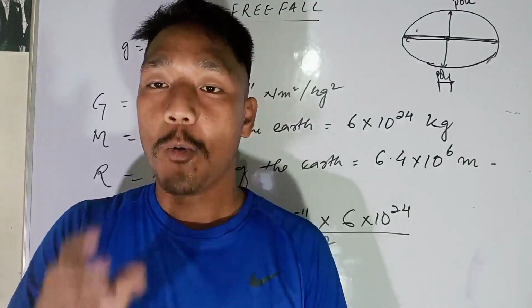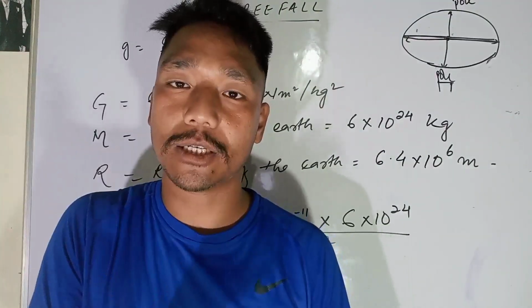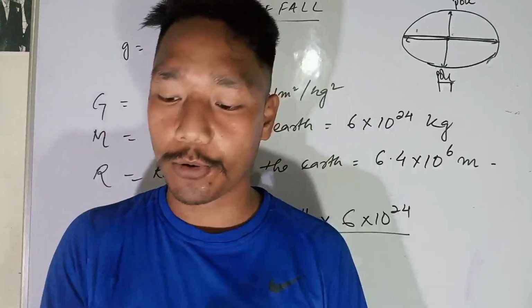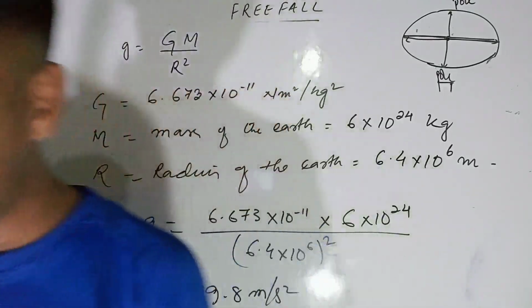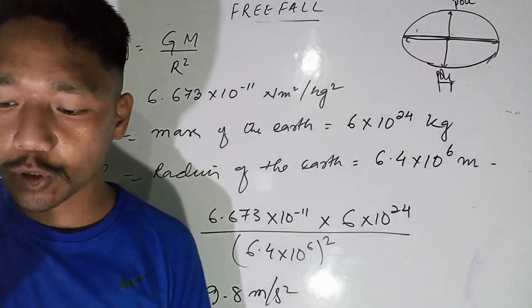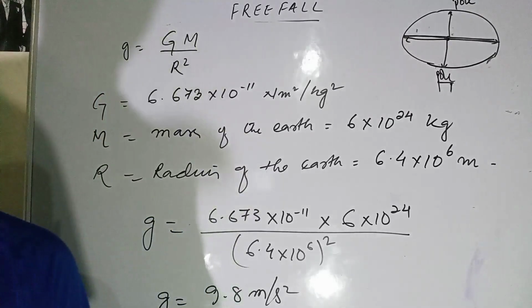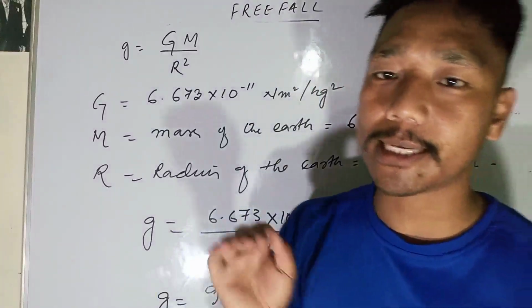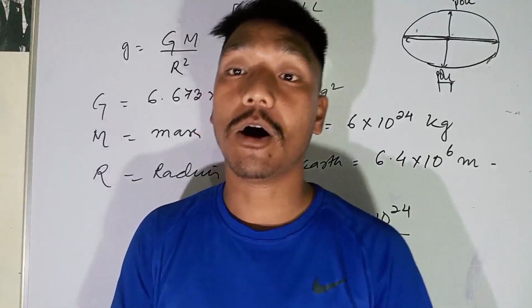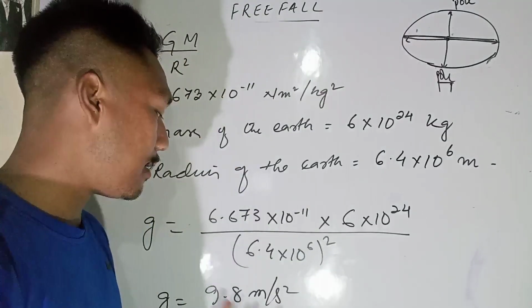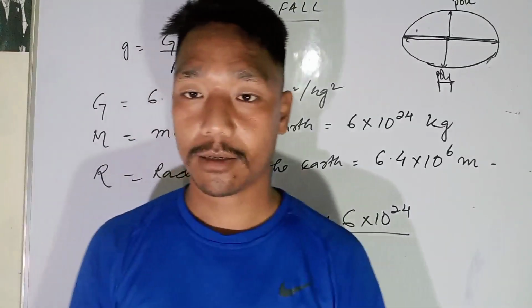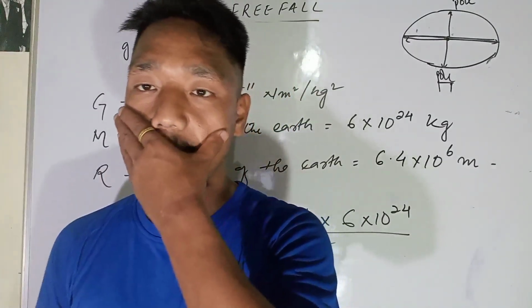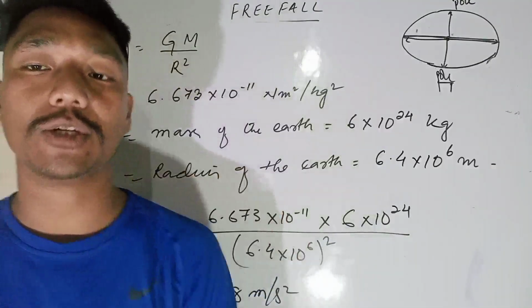This means that all objects, either hollow or solid, big or small, fall at the same rate, that is 9.8 meter per second squared.